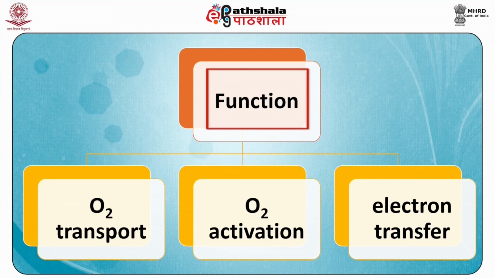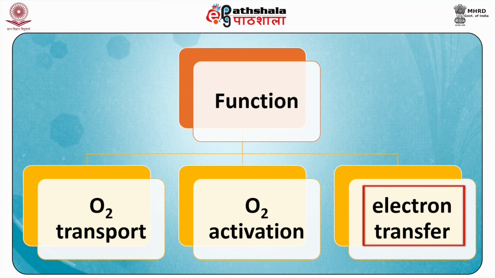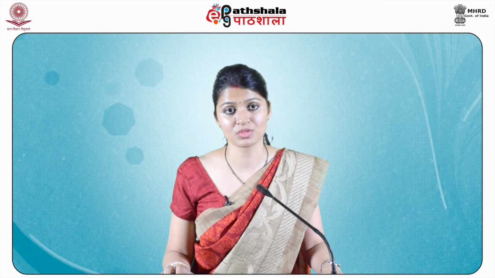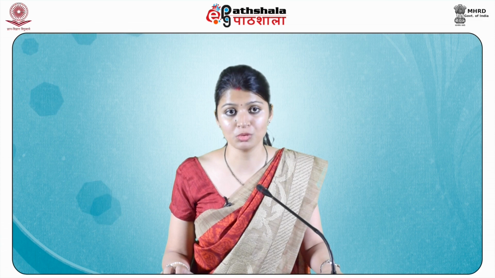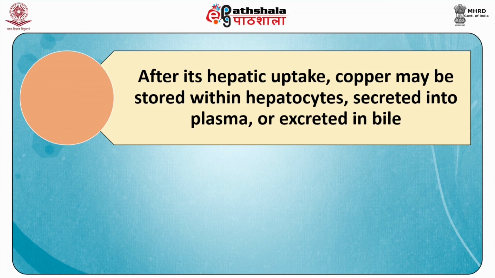Copper function: oxygen transport, oxygen activation, electron transfer. Copper is the third most abundant transition metal in organisms after iron, with 300 mg in the human body. Storage of copper: after its hepatic uptake, copper may be stored within hepatocytes, secreted into plasma or excreted in bile.